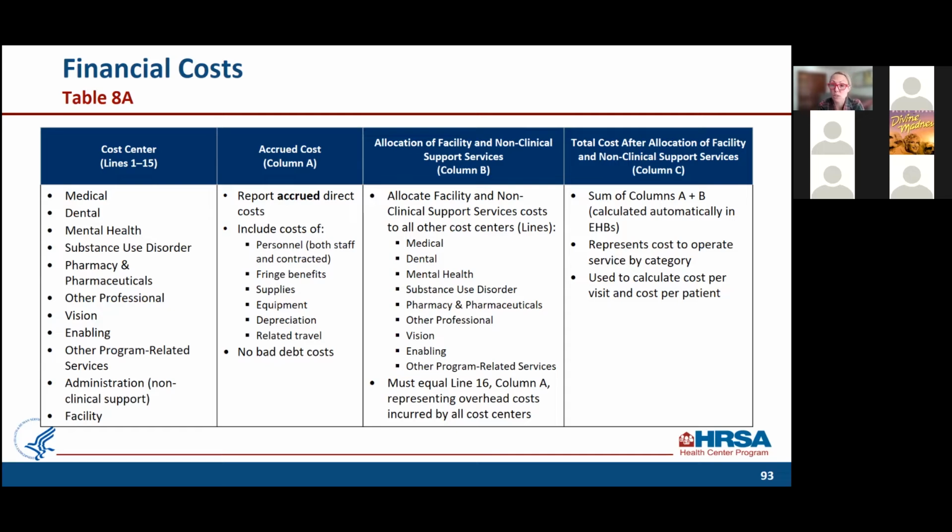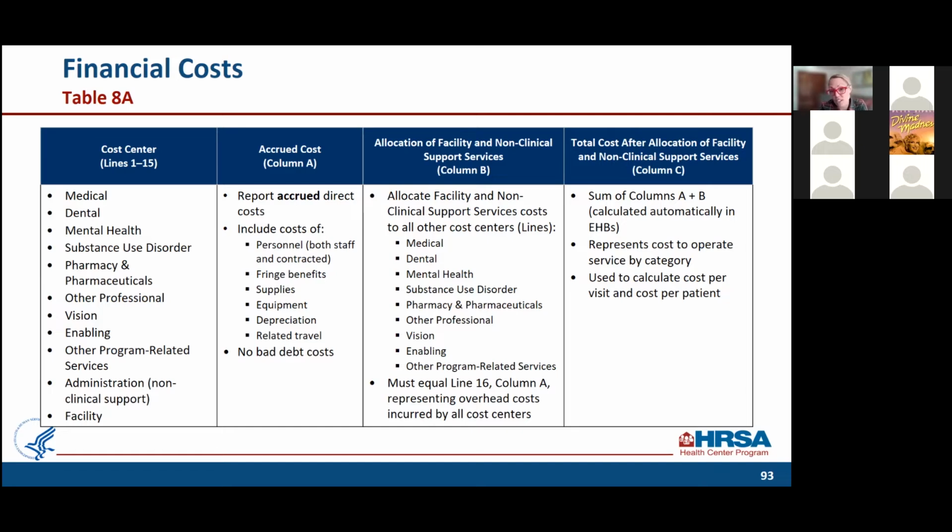Accrued costs include personnel, benefits, supplies, equipment, depreciation, travel, etc. for that cost center. So for example, dental personnel and their fringe benefits, dental supplies, dental equipment, and depreciation of capital dental costs would be included in that cost center.